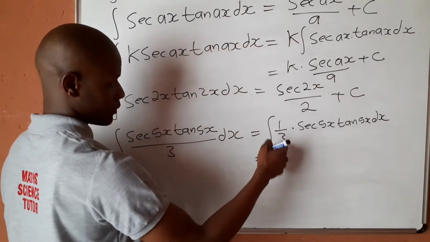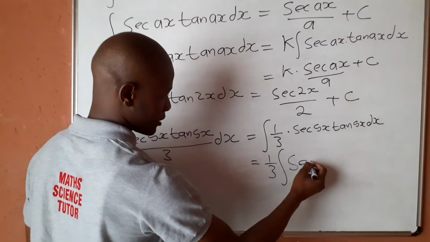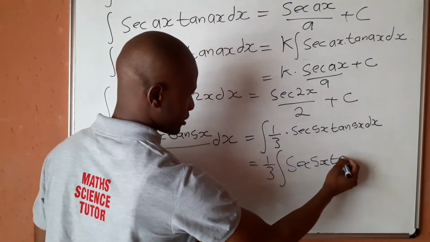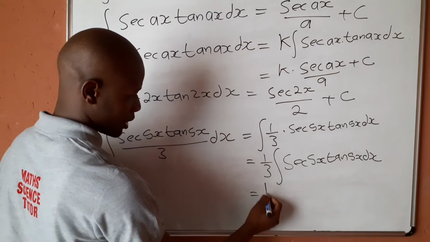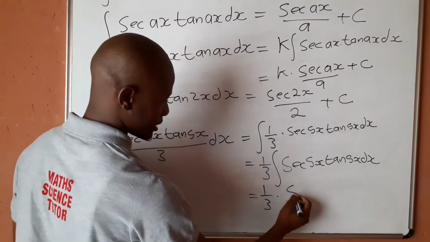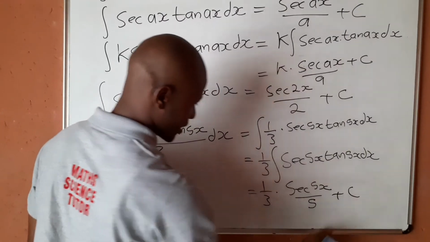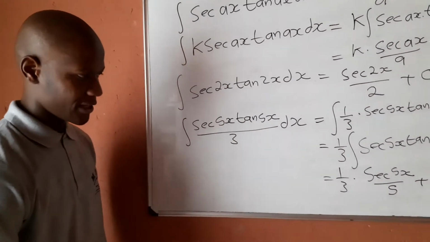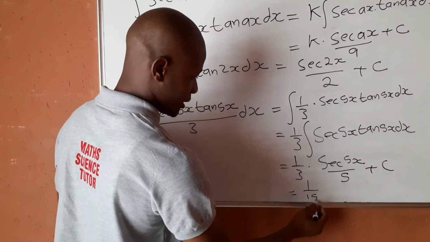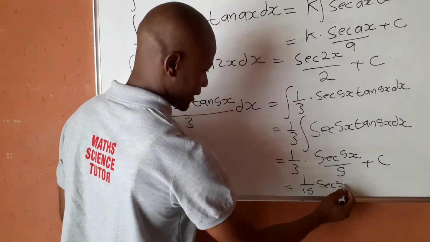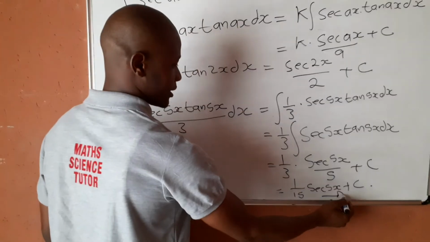We take out 1 over 3 as a common factor: integral sec 5x tan 5x dx, which is going to be 1 over 3 times sec 5x divided by 5 plus c. Therefore, 3 times 5 is 15. It's going to be 1 over 15 sec 5x plus c. The end, guys.